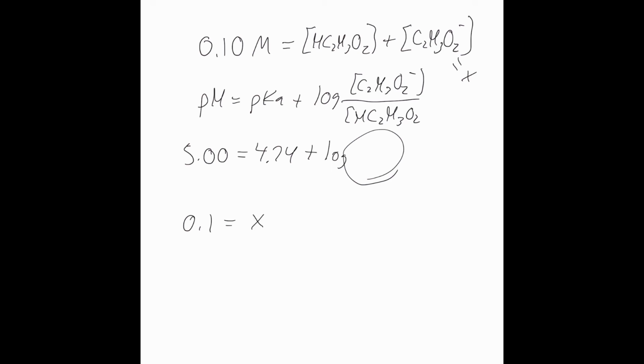So we have x is our acetate concentration plus 0.1 minus x, right? Because this would then be 0.1 minus x, and if you sum that up, that all equals 0.1. So that means this is the log of x over 0.1 minus x.